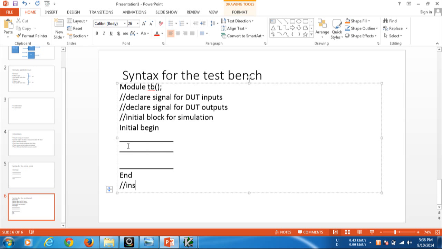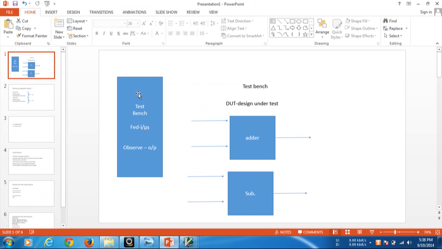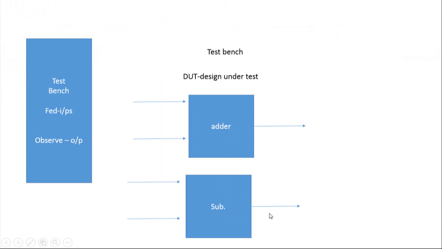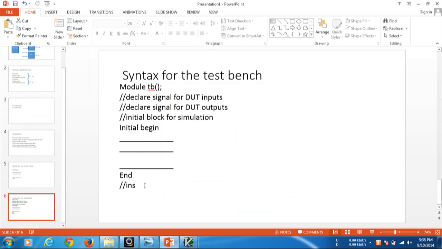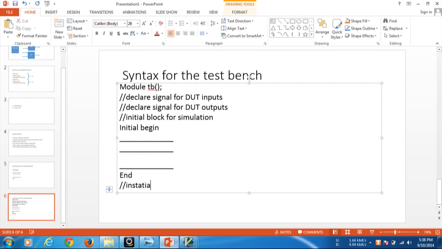So now our final module is the test bench along with the DUT. This whole slide is our final module. So we have to instantiate these modules in it. The next is the instantiation of the DUT, design under test.